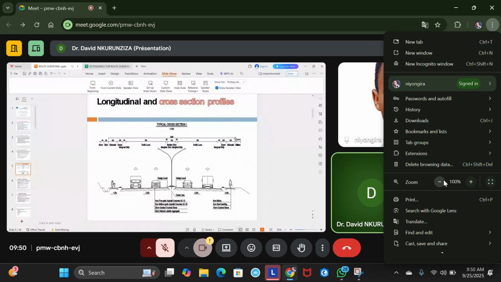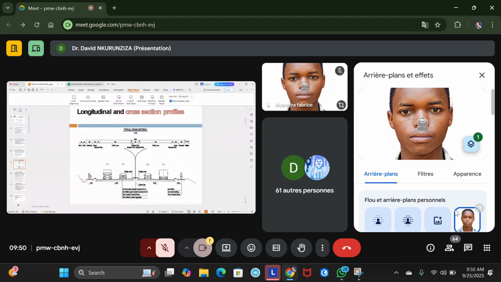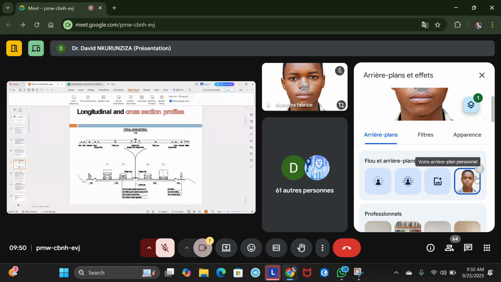Of course, this is based on some standard. For example, this is one of the cross sections that has been used in Rwanda. I don't mention the road because it is confidential, but you can see, for example, this traffic lane is 3.5 meters, meaning each vehicle has around 3.5 meters of space.